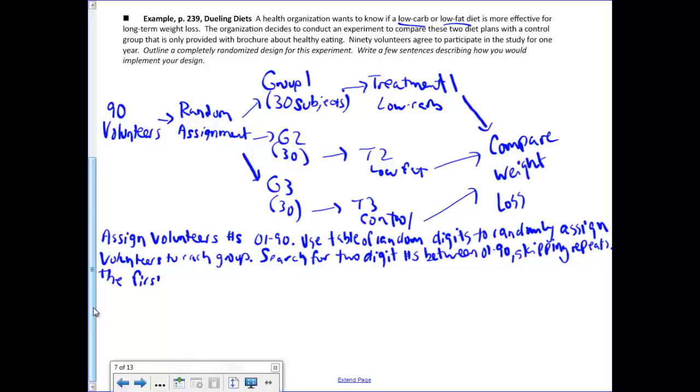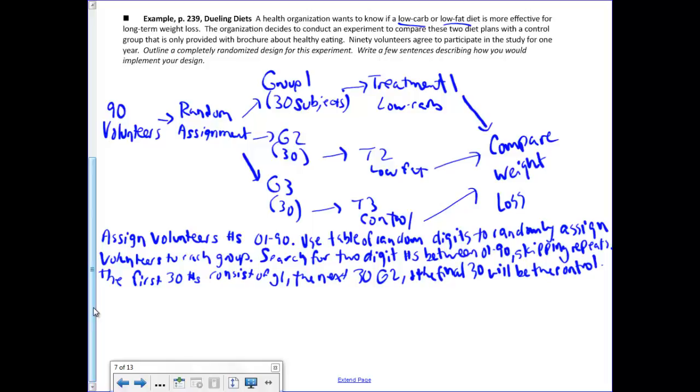The first 30 numbers consist of group 1, the next 30, group 2, and the final 30 will be the control. And really, once you get your first 30, you're like, oh, the rest of you, you don't need to keep going through the tables. Like the rest of you, you're in the control group.